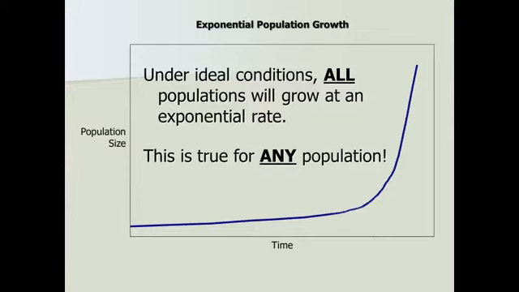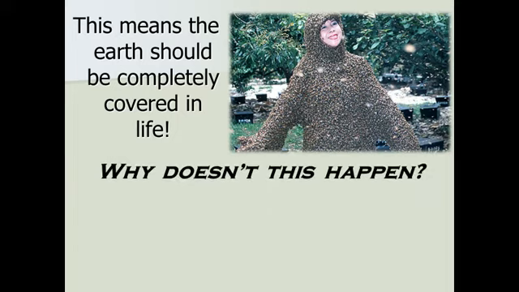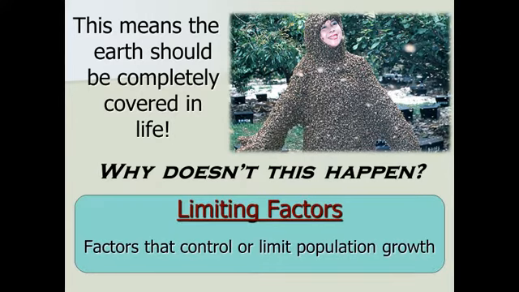This, of course, was the insight that Charles Darwin had in reaction to the work of Thomas Malthus. He realized that all populations have the potential of growing faster than their environments can support. Well, if this were true, that means that the Earth should be completely covered in some kind of living things, just like this person is being covered with honeybees. But we know that doesn't happen, so why not?